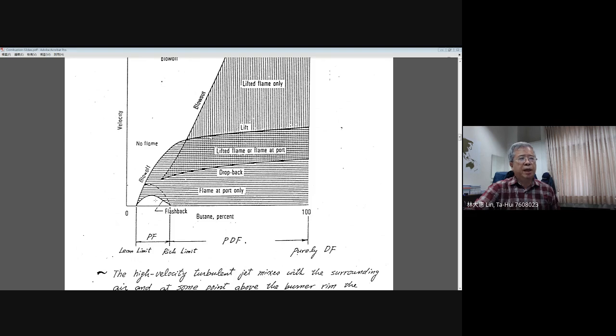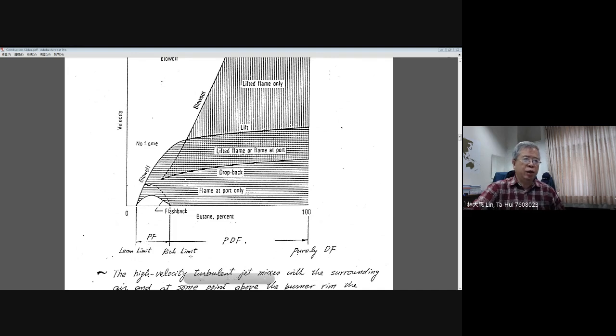But mainly in this region, from the lean limit to the rich limit, the flame characteristic is governed majorly by the premixed flame. For the diffusion flame, we are just debating about the pure diffusion flame, based on butane concentration equal to 100%.